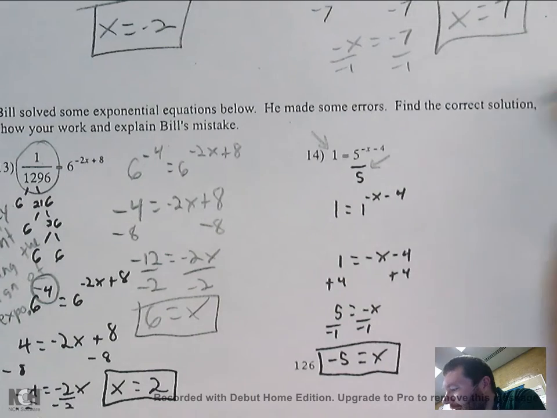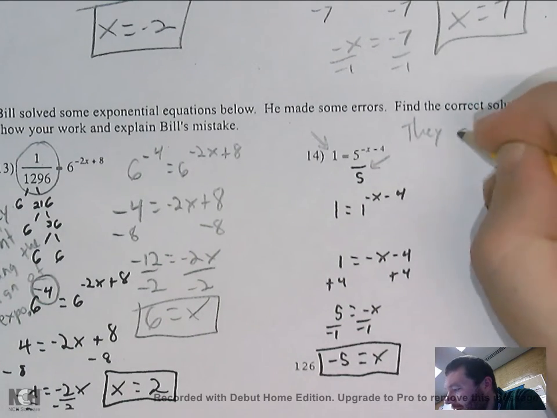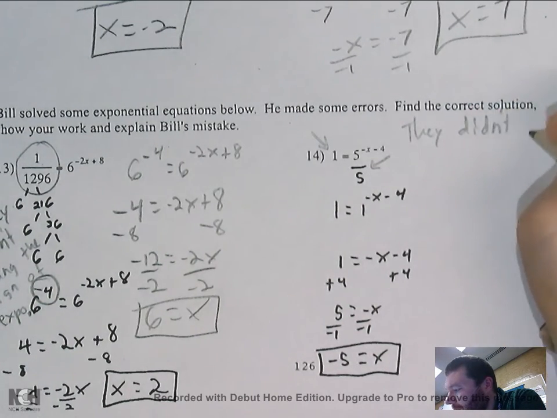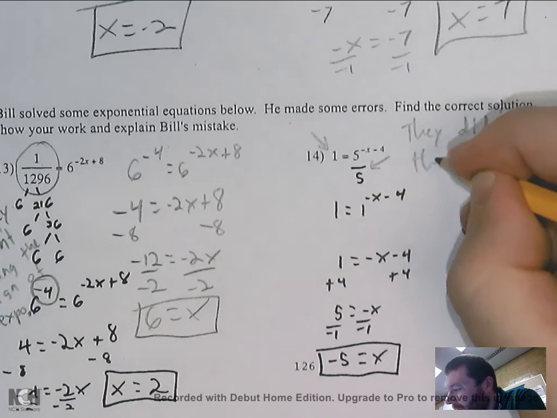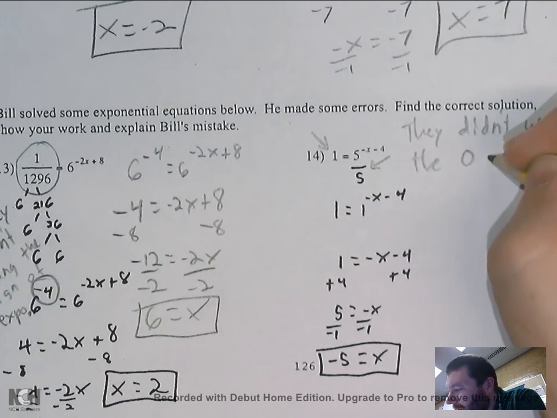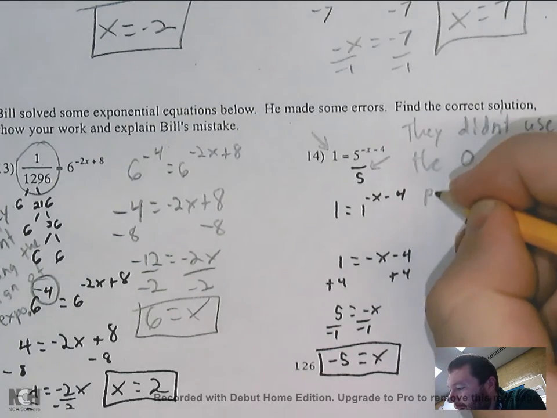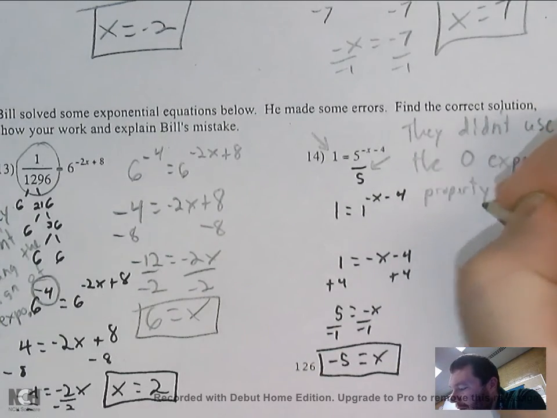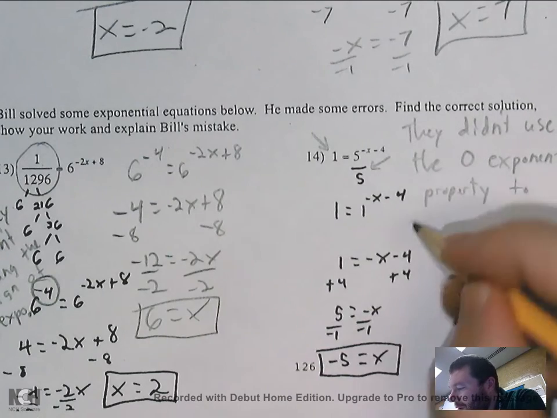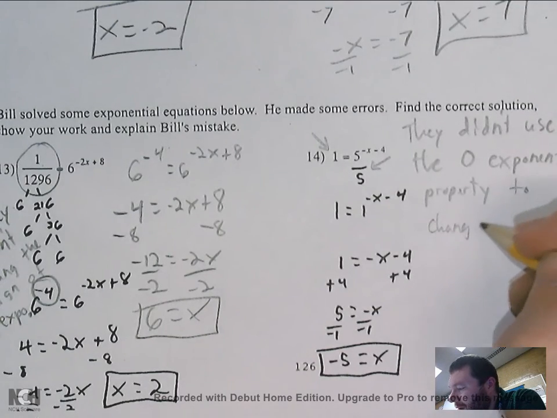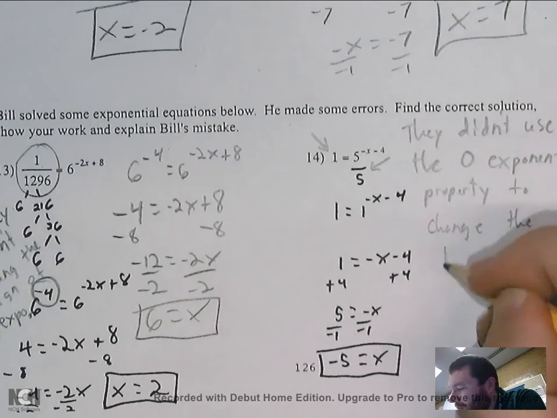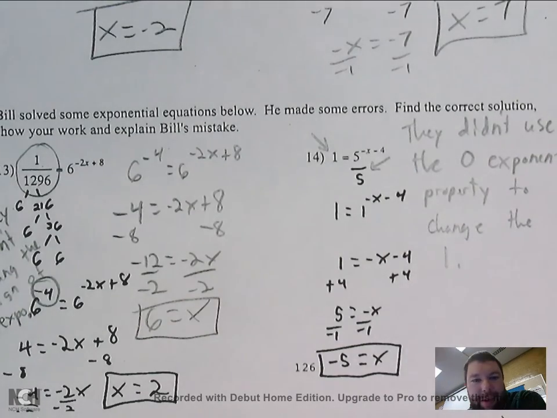So they didn't use the 0 exponent property, I should clarify, to change the 1. That was their mistake. Let's solve it correctly.